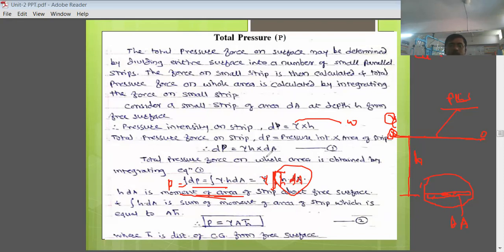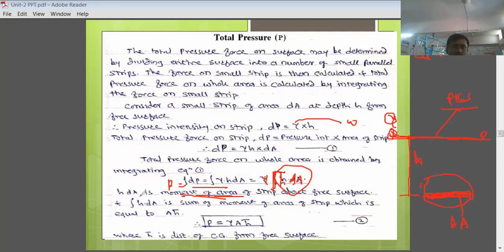So what is the moment of area? Moment of area is nothing but the product of the area and the perpendicular distance between the axis and the area. This is the axis about which we find the moment of area or moment of inertia of this object.